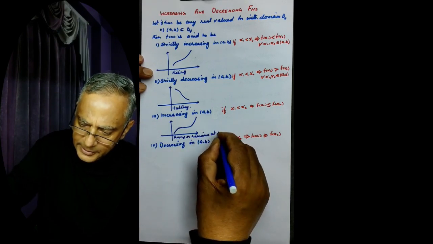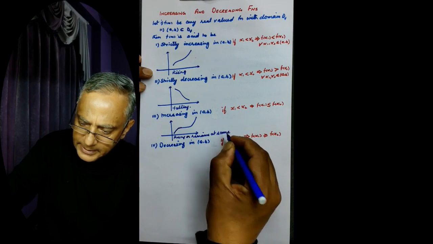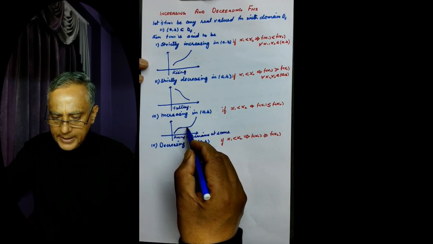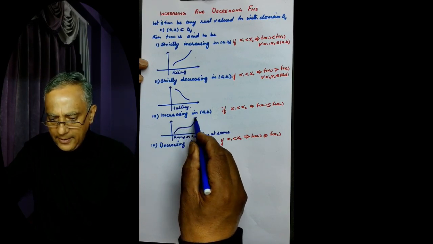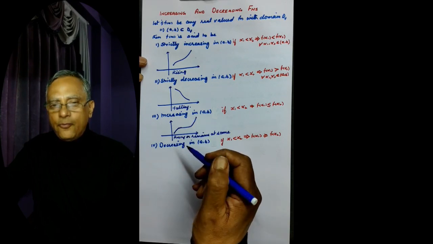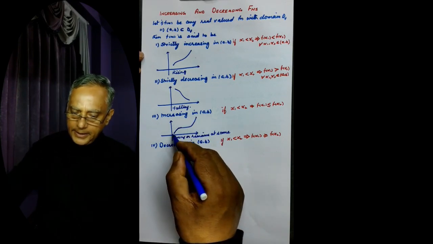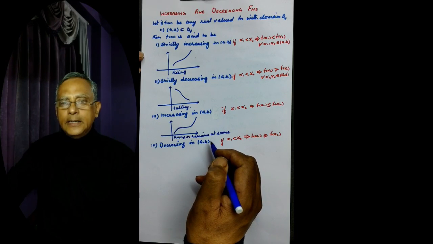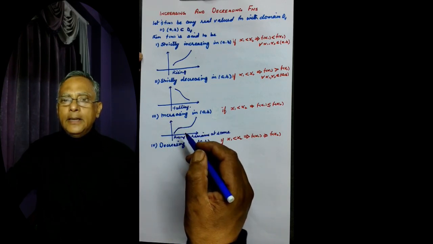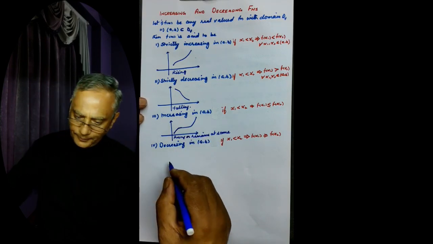Here it is rising, here it is remaining at the same level, and it is rising again. So the graph is of this form. It is nowhere a falling graph. It is either increasing or remaining at the same level.